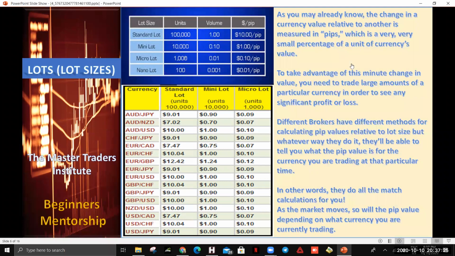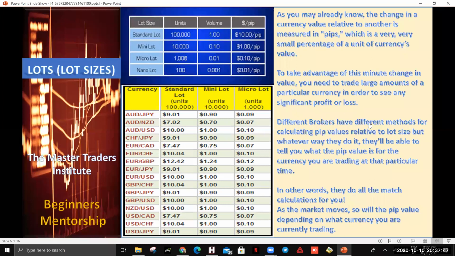Now let me explain to you how it works here. As you may already know, the change in a currency's value relative to another is measured in pips, which is a very, very small percentage of a unit of currency value. To take advantage of the minute change in value, you need to trade large amounts of a particular currency in order to see any significant profit or loss.